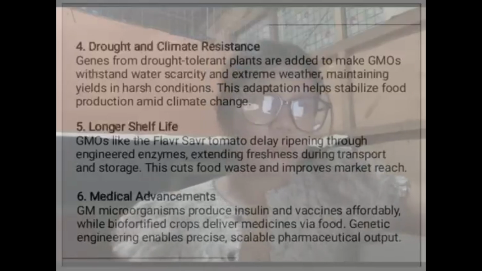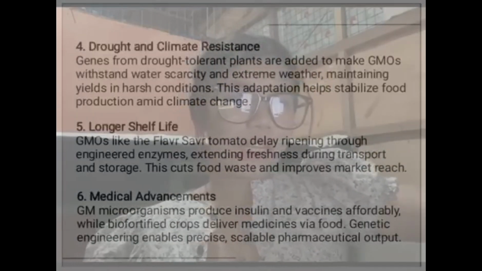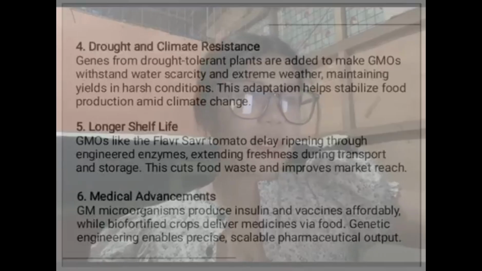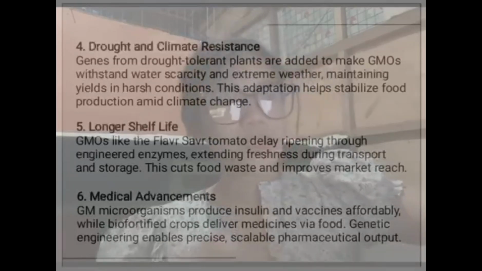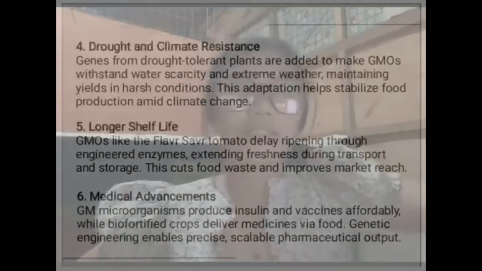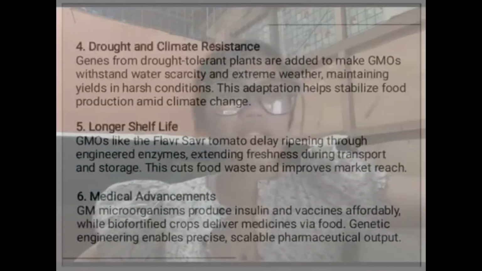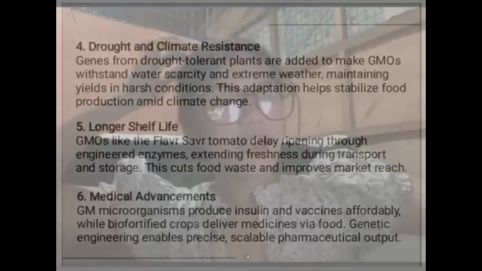For example, humulin or insulin gihimo gamit genetically modified kuno ang bacteria, so mas dali, mas barato ug mas safe para sa mga diabetic patients kaysa sa traditional nga insulin gikan sa hayop.